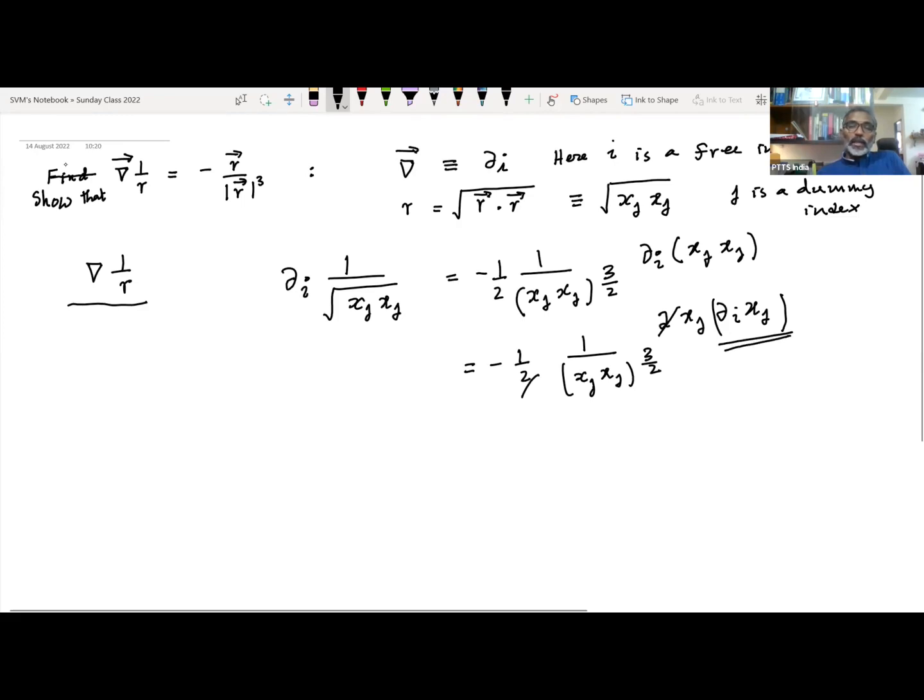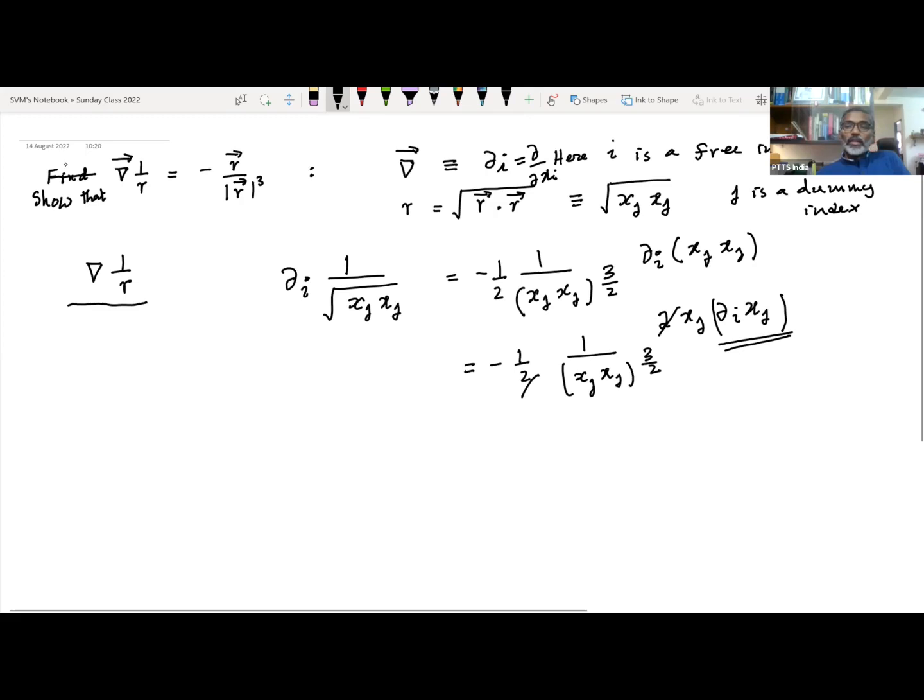Del i is a shorthand notation for dou. This del i is basically equal to dou by dou xi. Correct? So when I take dou by dou xi, if j is equal to i, it will be 1. Otherwise, it will be 0. Correct?